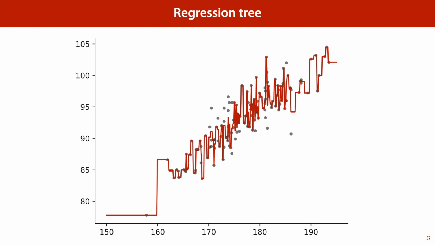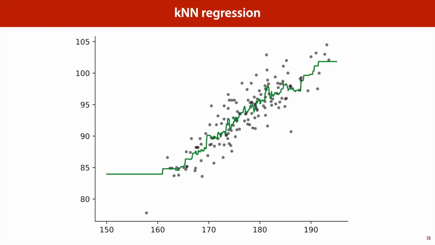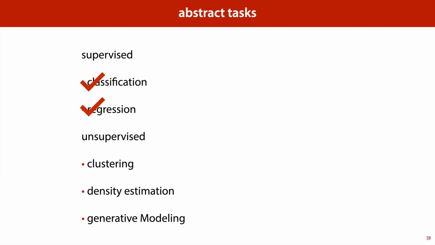And we can also apply the k nearest neighbor principle to regression, which gives us a model that for a new instance looks at instances that are nearby in feature space and averages their value. And that gives us a model that looks like this, if we set k to 7 in this case. So that's all we'll say in this video about regression.